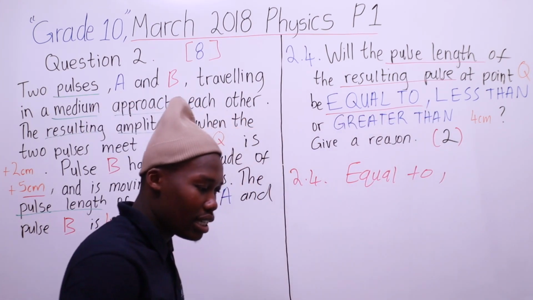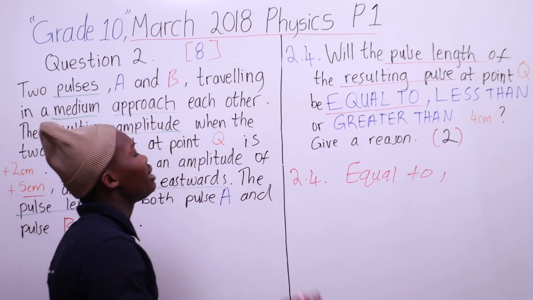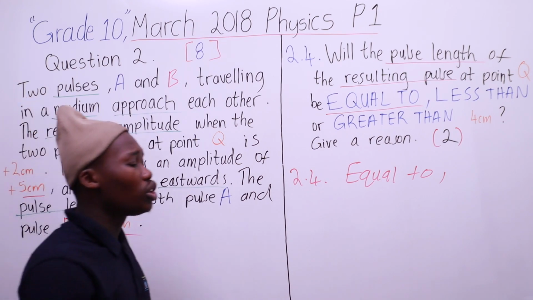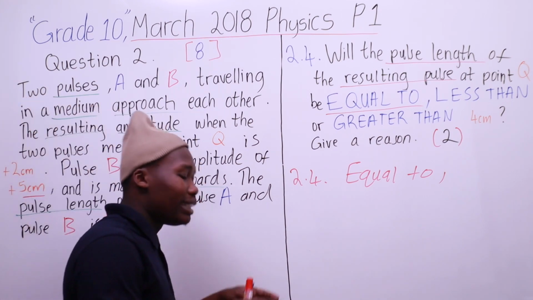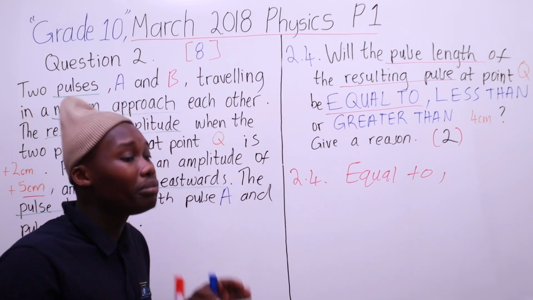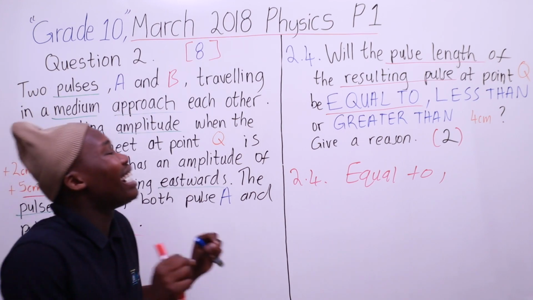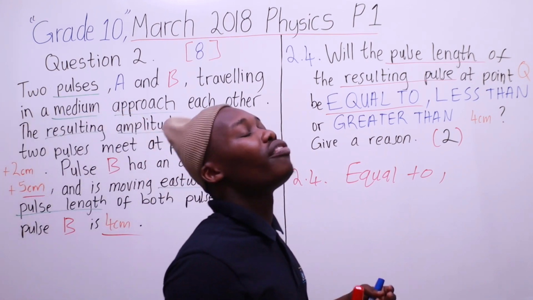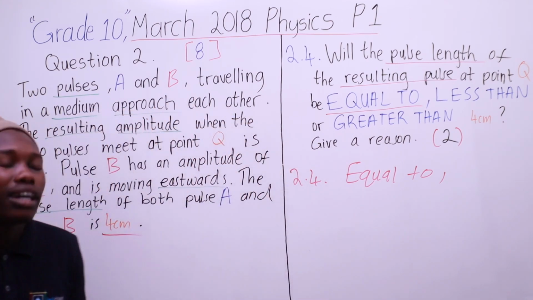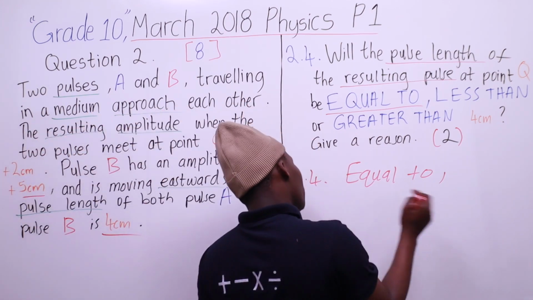Because the pulse length is not affected. What is affected is the amplitude. When 2 pulses meet and they result in a larger pulse, it becomes larger by the increase of the amplitude. It becomes smaller as there is a decrease in the amplitude. So equals to, why?